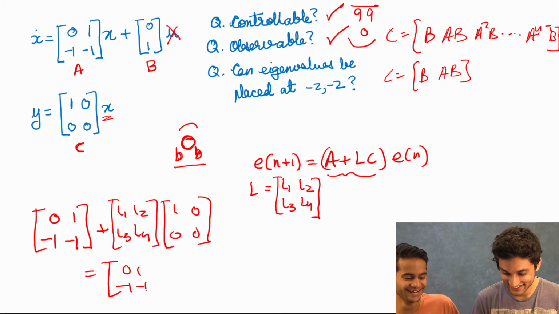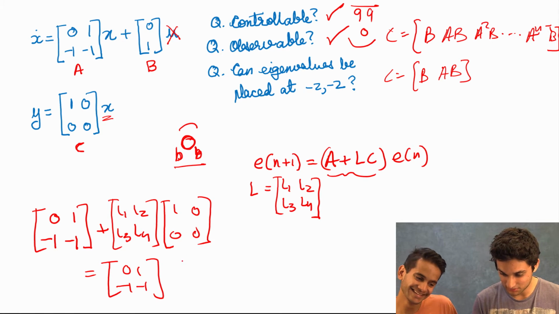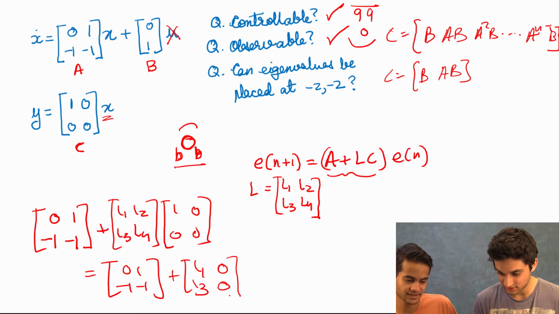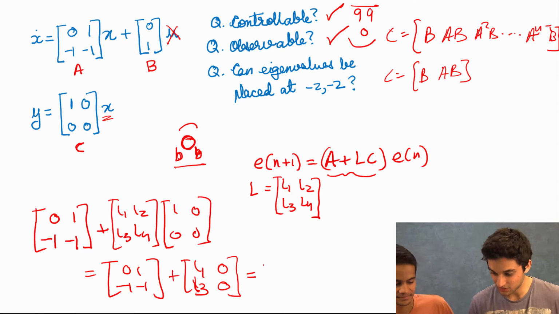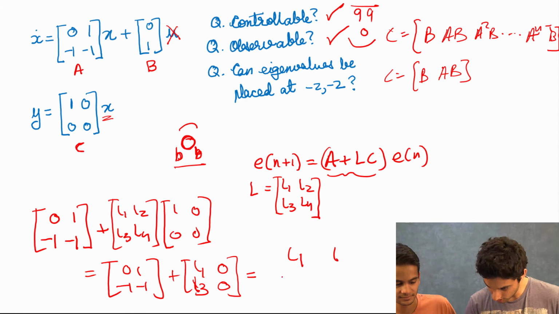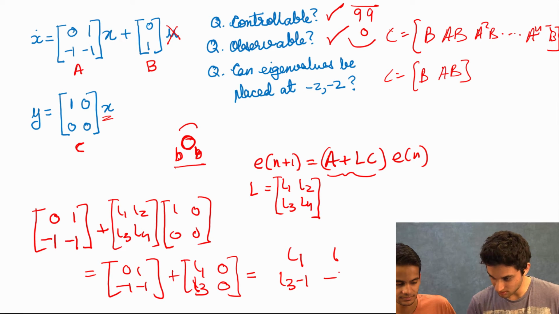Plus, this would be L1. That would be 0. That would be L3. That would be 0. Does that look about right? That's not bad. Great. So, which is equal to L1, 1, L3 minus 1, minus 1.